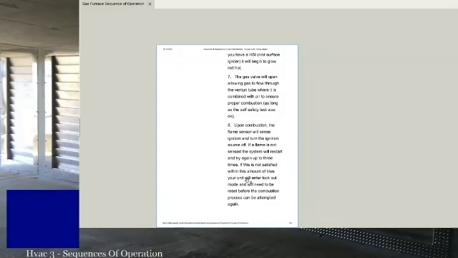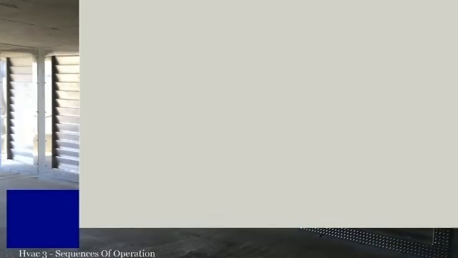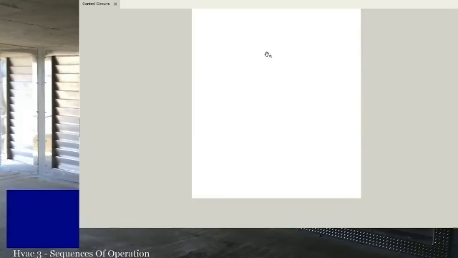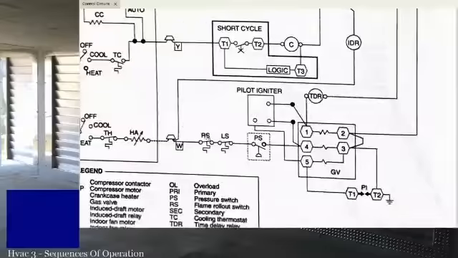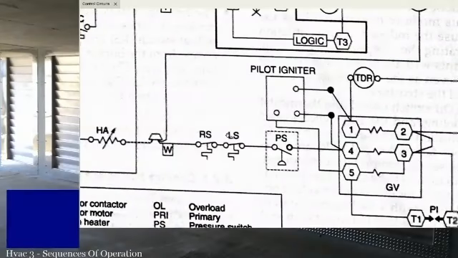The only thing that's not in this sequence that your book does mention, if you're looking at this wiring diagram, is the rollout switch, which is usually located in the burner compartment, and the limit switch, which is usually located right there in the heat exchanger compartment.